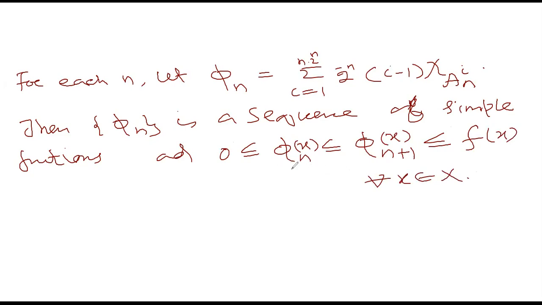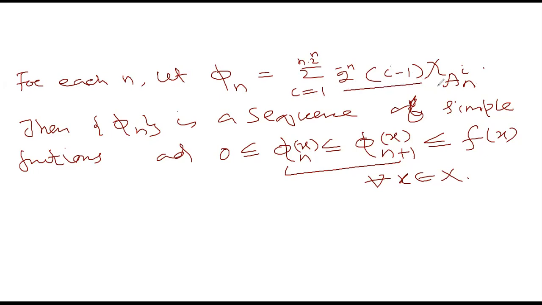This monotonic increasing part I will leave for you as an exercise. But this one is trivial: phi n of x is less than or equal to f of x, because whenever x is in some A_{n,i}, its value is 2 power minus n times (i minus 1), which is less than or equal to f(x).